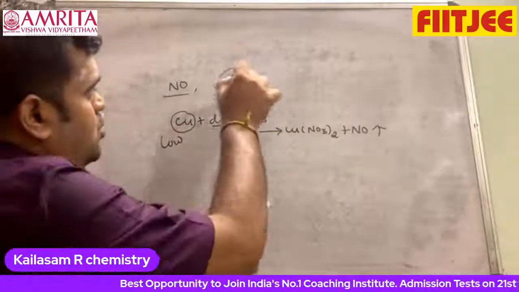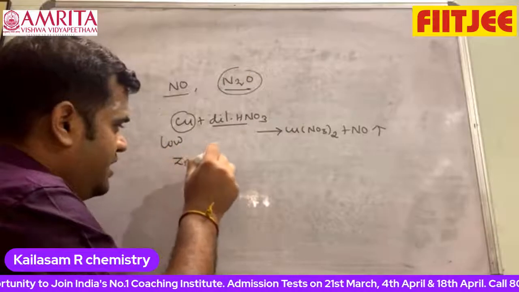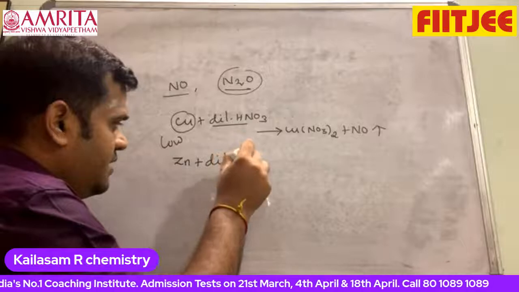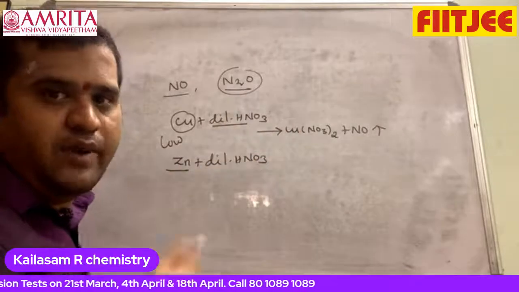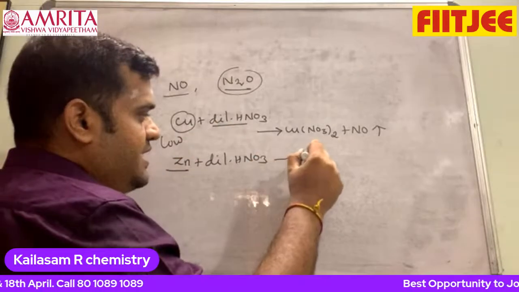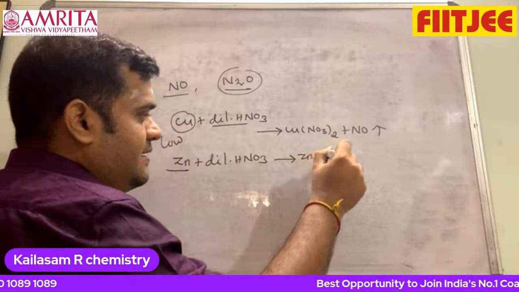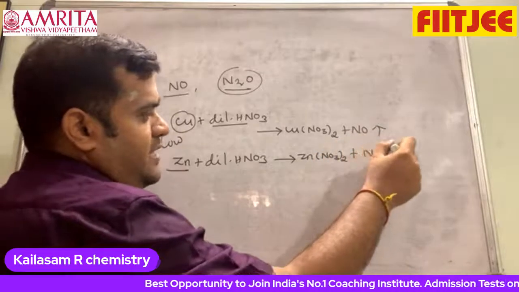Then how to get N2O gas? Very simple. Take zinc plus dilute HNO3. Zinc belongs to moderately reactive metals. When a moderately reactive metal reacts with dilute HNO3, you get zinc nitrate plus N2O gas liberated.